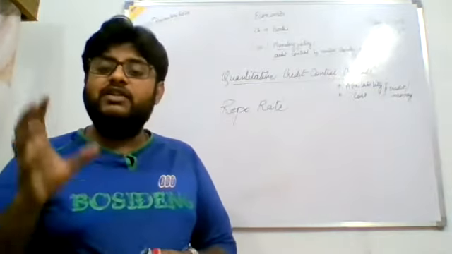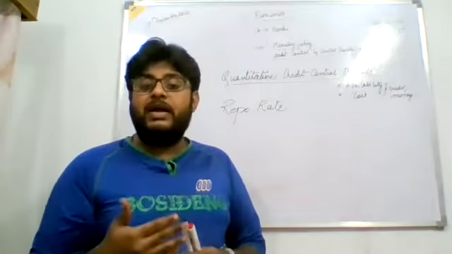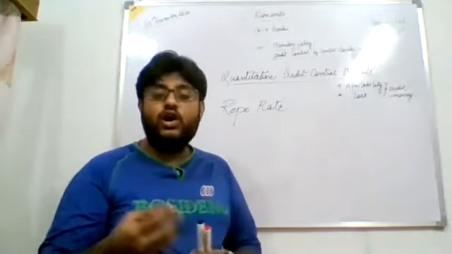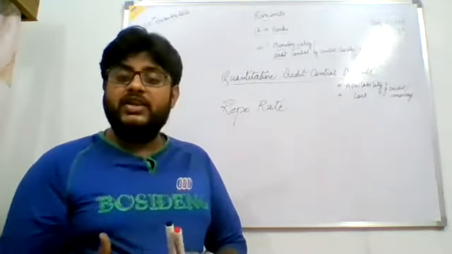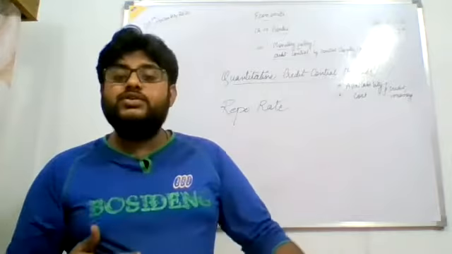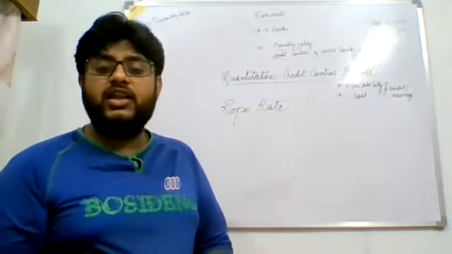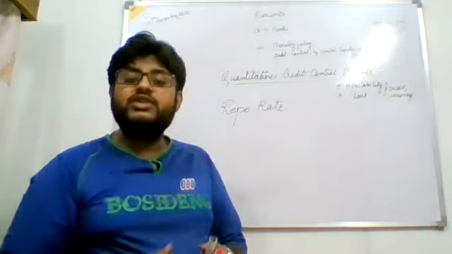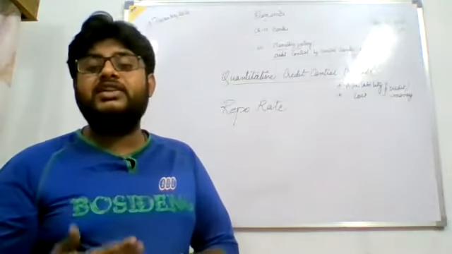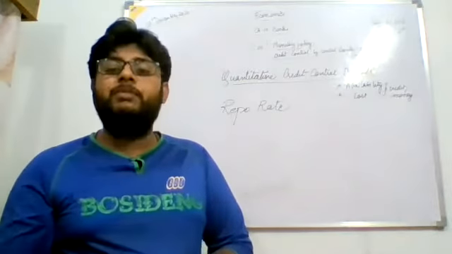In case of inflation, the repo rate will be increased so that the commercial banks get expensive credit, the cost of the money increases, and the commercial banks are able to give fewer loans in the market. And if there is any recessionary pressure in the economy, then the opposite is done: the repo rate is reduced so that the commercial banks get cheap loans and they can forward cheap loans to the people.